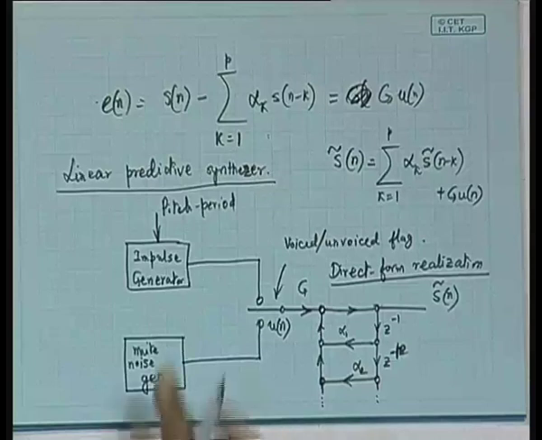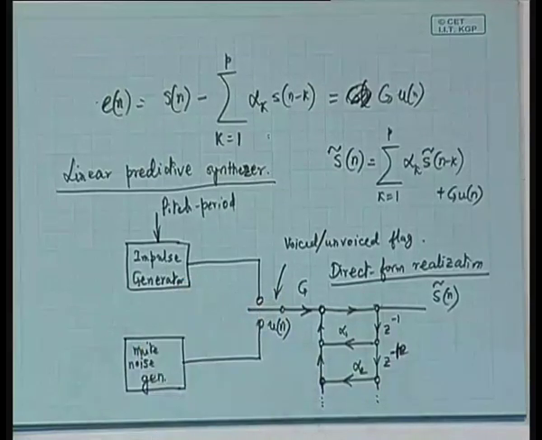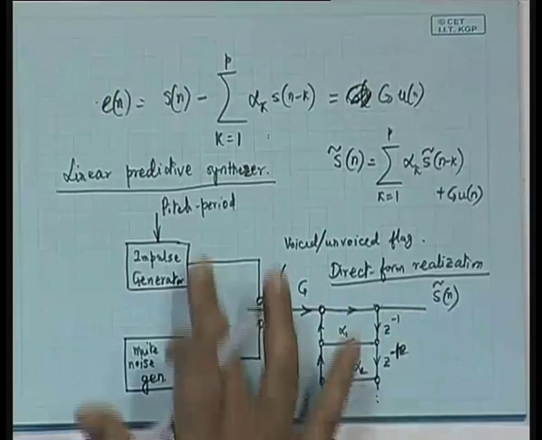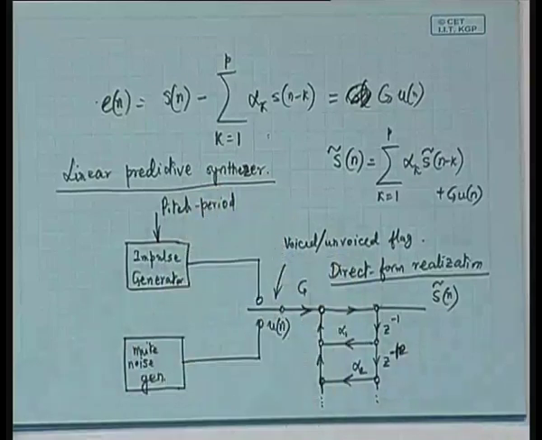Now, in the linear predictive synthesizer, there are two more aspects that one needs to consider. First is that these parameters, the pitch period and this gain, how often are you required to provide this information?